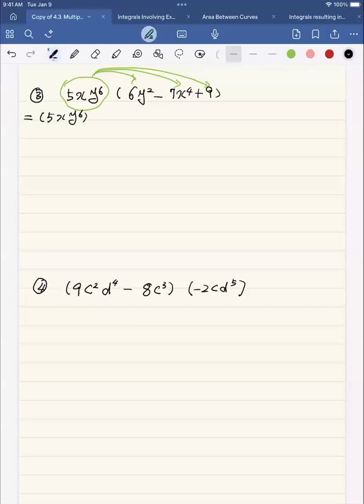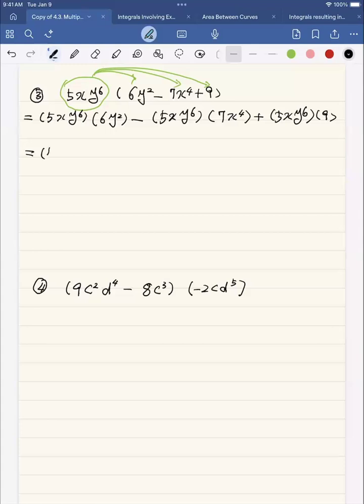5xy to the sixth power times 6y squared, minus 5xy to the sixth power times 7x to the fourth power, plus 5xy to the sixth power times 9.